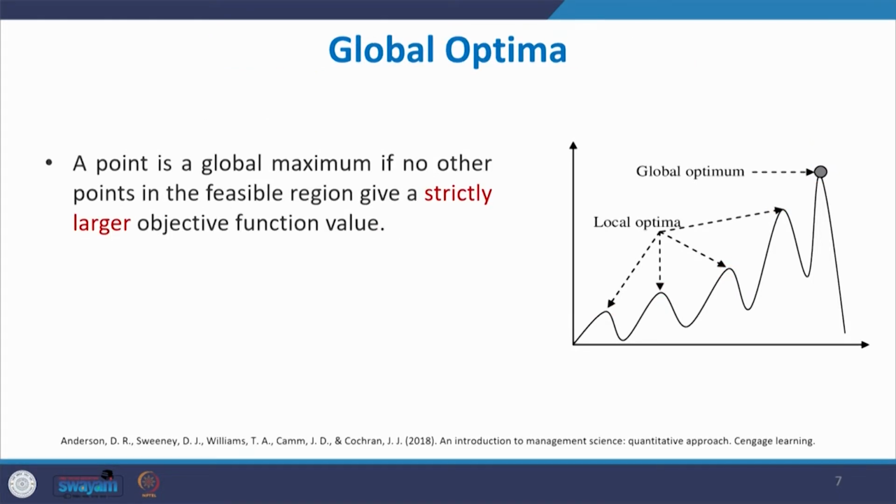A point is a global maximum if no other point in the feasible region gives a strictly larger objective function value. Among these different local optimum values, this is called the global optimum because it provides the strictly larger objective function value.